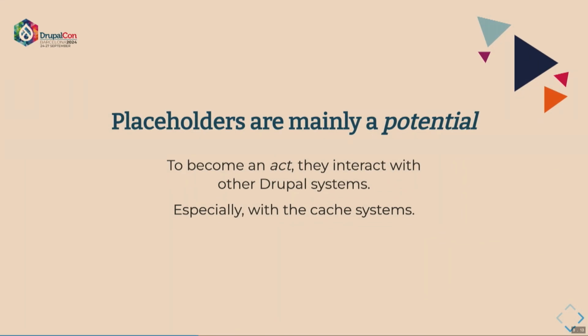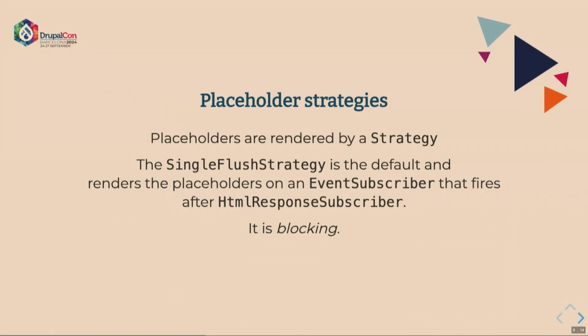So at this stage, placeholders are mainly a potential. They need to interact with all the Drupal systems. Somebody has to come and use the information to render the placeholder, especially the cache systems and BigPipe, as we will see. And placeholders also need a strategy to be rendered. The single flush strategy is the default, which is in core, okay? And it's rendering the placeholders in an event subscriber after HTML response subscriber, okay?